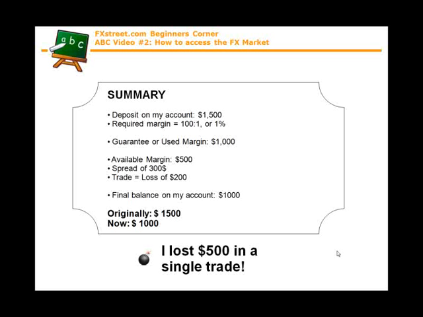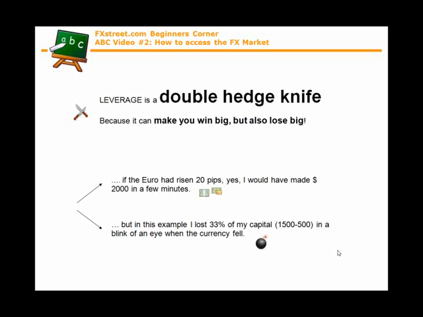Here is a small summary of all the operation we have just described. So, consider this. Leverage is a double-edged knife. Why? Because it can make you win big, yes, or you can also lose big, right? Getting back to our earlier example, if the euro had risen 20 pips instead of dropping 2, yes, I could have made $2,000 profit.